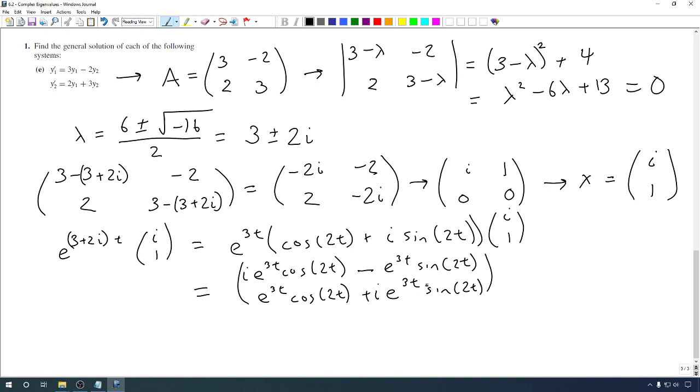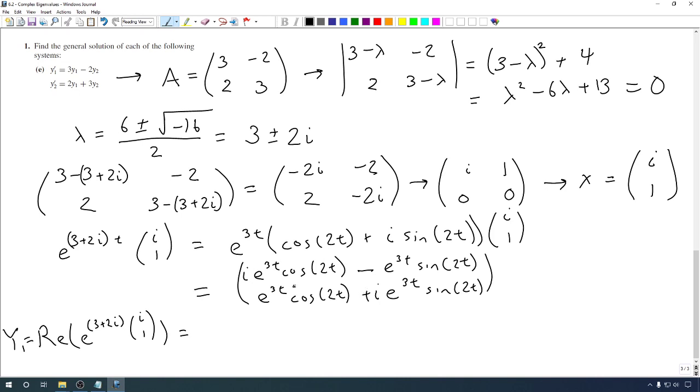Now, why did I distribute the e to the 3t? Well, I'm going to now take the real and imaginary parts of this whole thing. So the real part, which I guess we were calling y1 before, is just going to be the ones in this column vector that don't have the i's in them.